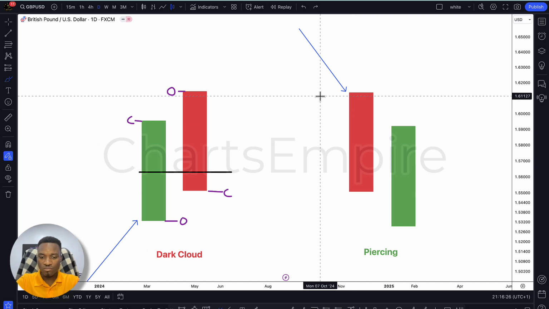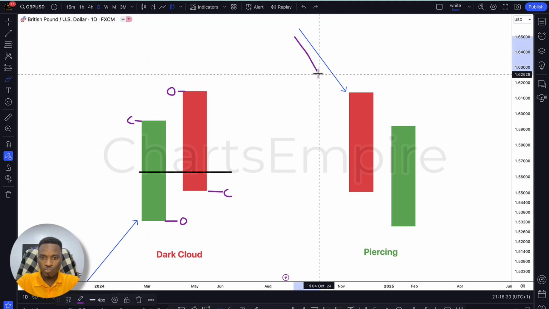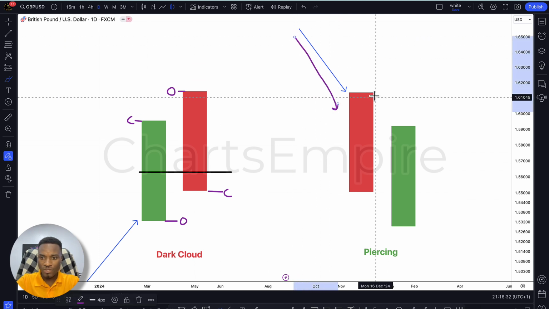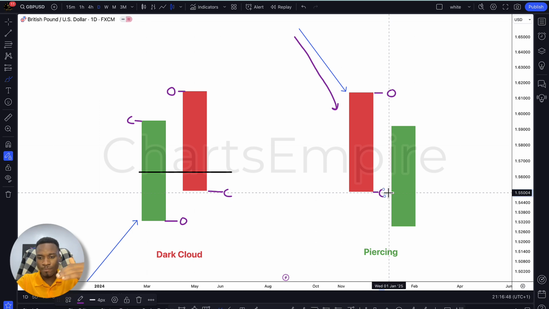All right, now let's see what happened on the piercing candlestick. The price was going down, sellers were pushing price downward, and then we have the open of the last bearish candlestick at the higher section, and we have the close at a lower section. Instead of the next candlestick opening at the close of the bearish candlestick, this time around the price gapped lower.